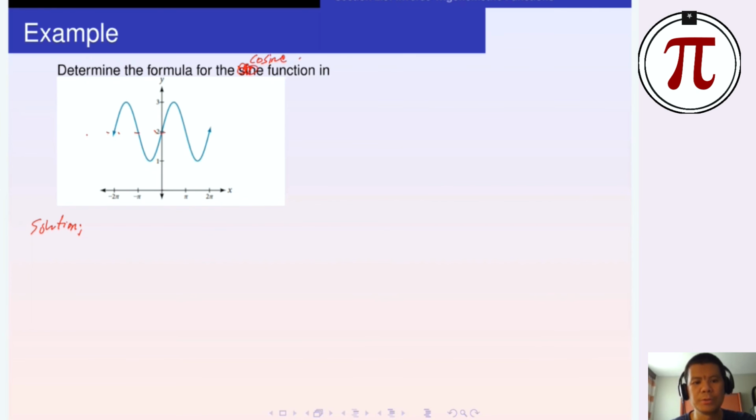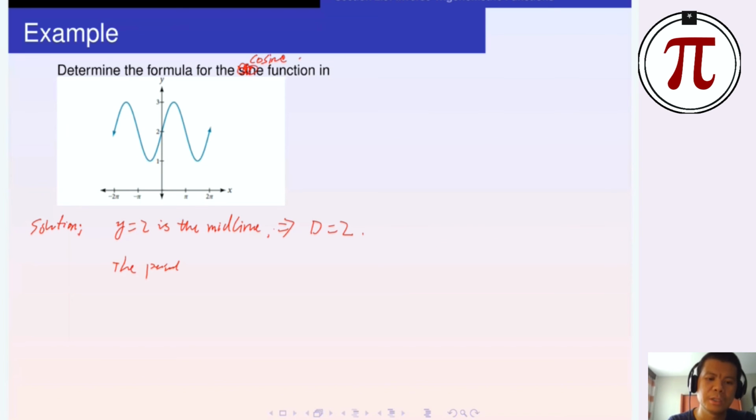Yeah, y equals 2 is the midline. This implies D equals 2, right? So then, what is the period for this one? 2 pi. The period is 2 pi, right?